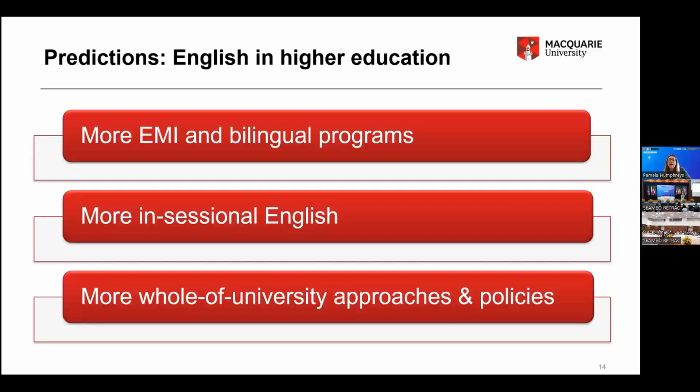Also, my third point there is that we're going to see more whole-of-university approaches and certainly more whole-of-university policies. This is definitely happening in Anglophone nations, and particularly in Australia.